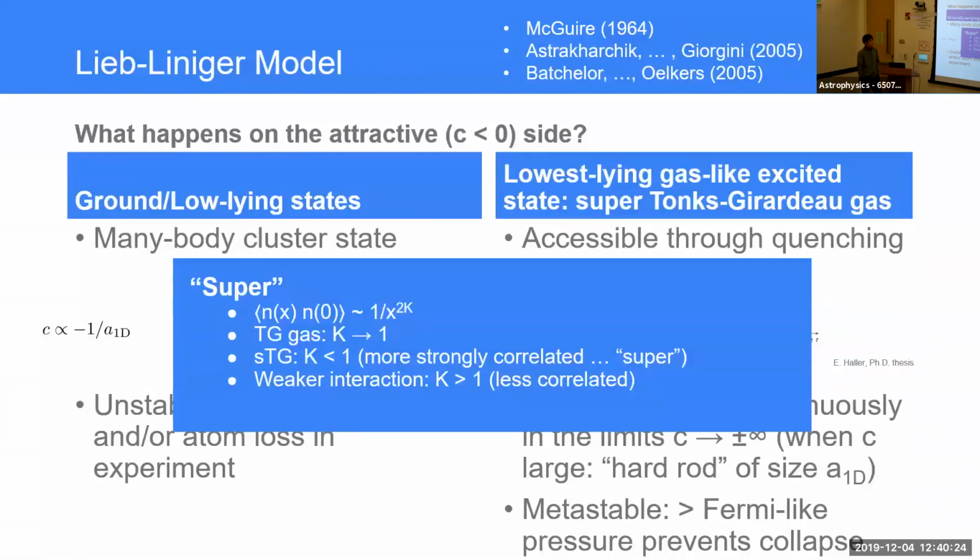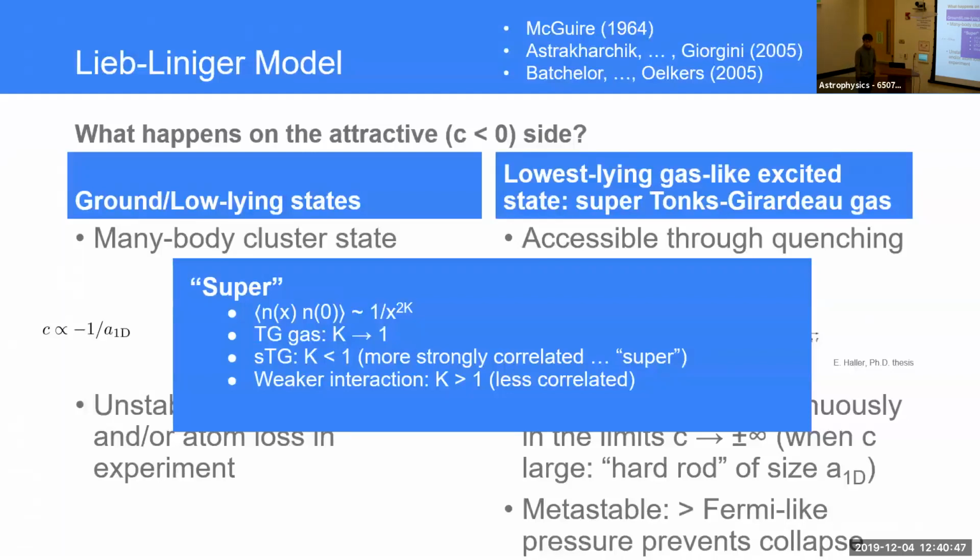And why is this state called a super-Tonks gas? We can think of it in the sense of a density-density correlation function. It has been calculated that it roughly goes as 1 over x to the 2K in the large distance limit. And it turns out that for a Tonks-Girardeau gas, K goes to 1, so the correlation falls off as 1 over x squared.